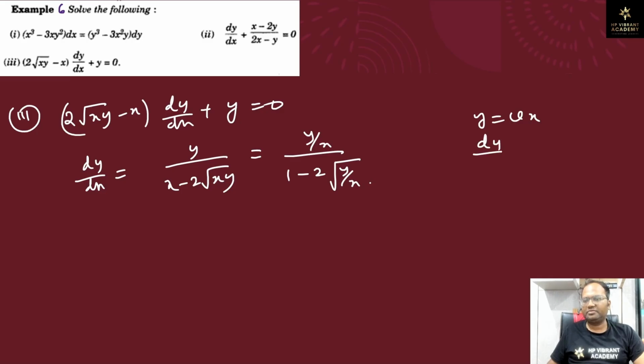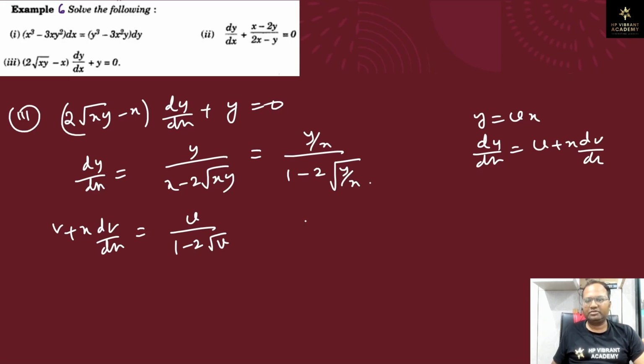So we have dy upon dx is equal to v plus x dv upon dx. So we have v plus x dv upon dx is equal to v upon 1 minus 2 root under v. Okay, let us further simplify this.